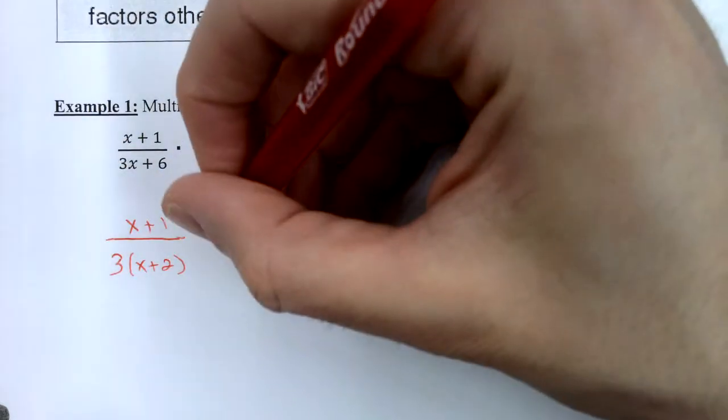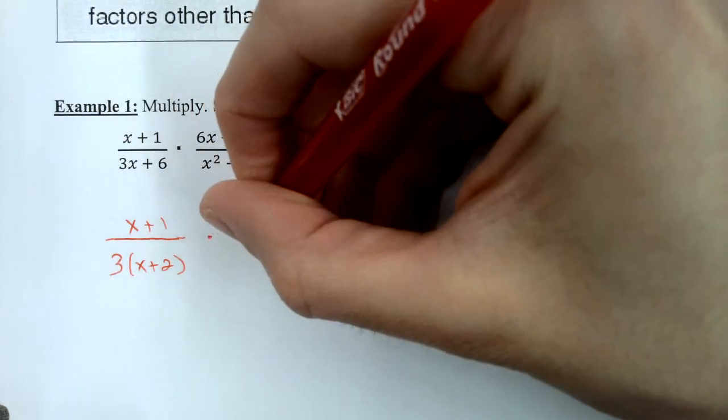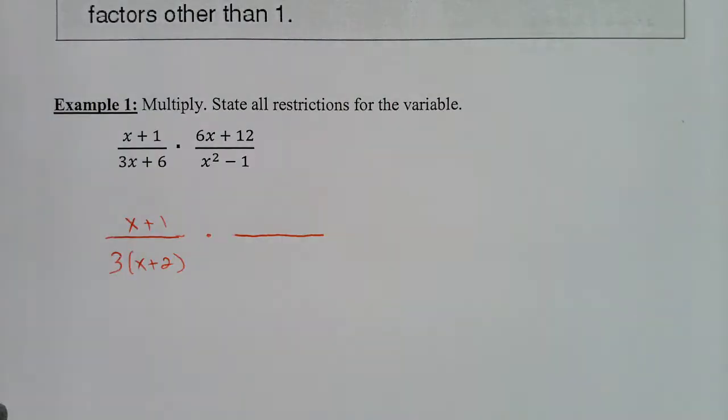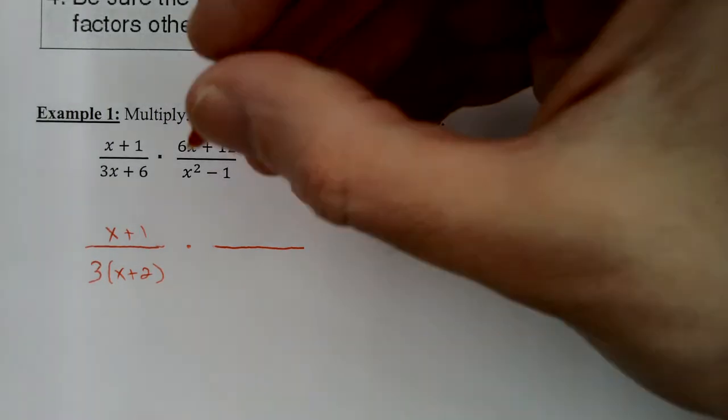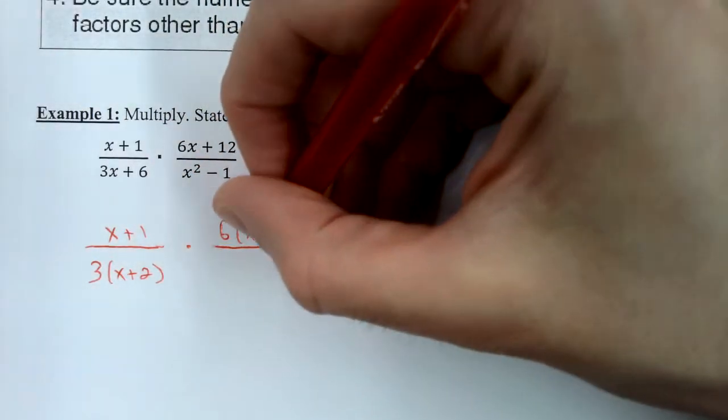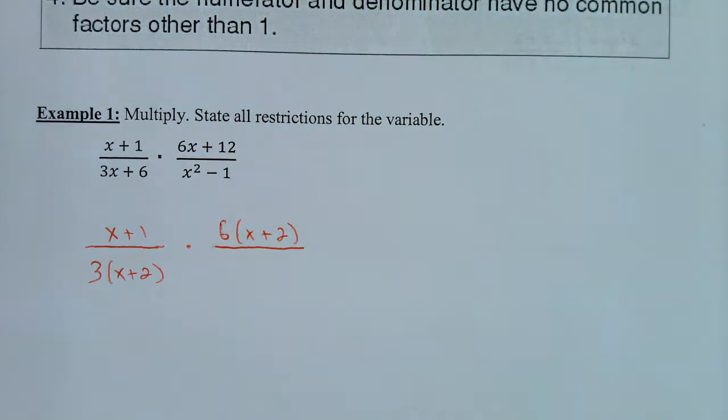So factor out the GCF of 3, and it leaves you with x plus 2 in parentheses. The numerator in the top right has a GCF of 6. So factor out the GCF of 6, and it leaves you with x plus 2 in parentheses.